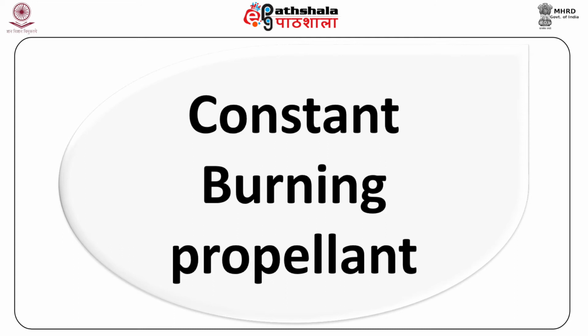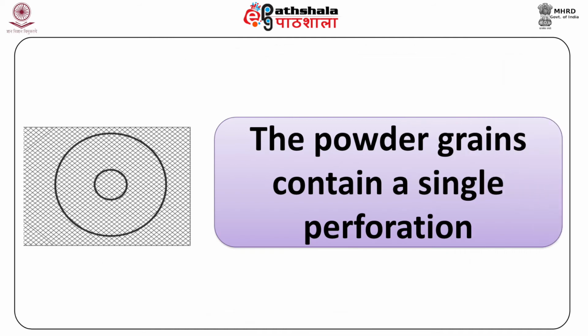Next is constant burning propellant. In this type of propellant, the powder grains contain a single perforation and the total surface area of burning at any instant is constant. For example, single perforated grains.